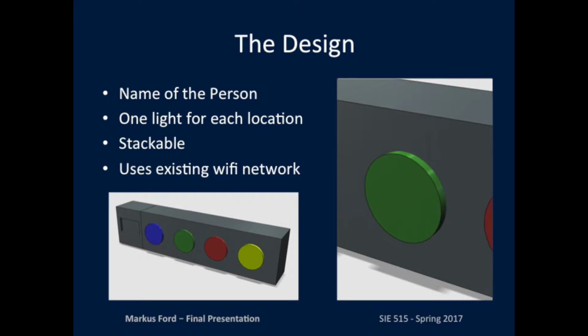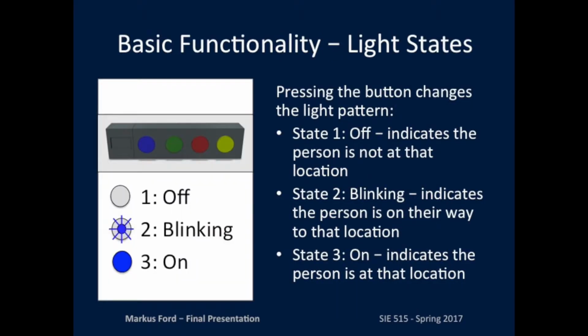Now, each one of these lights is not just a light, but it's also a button. So pressing the button changes the information that the light is representing. The state of the light is dependent on the pushing of the button.